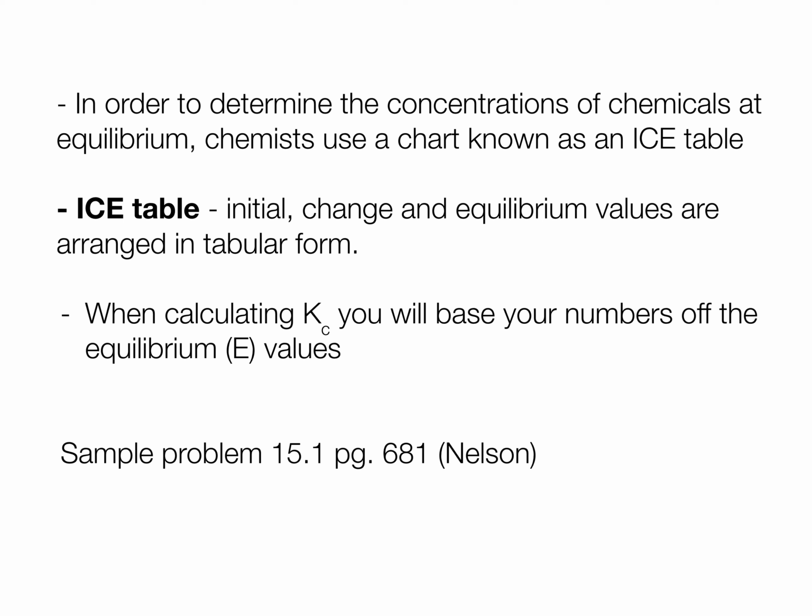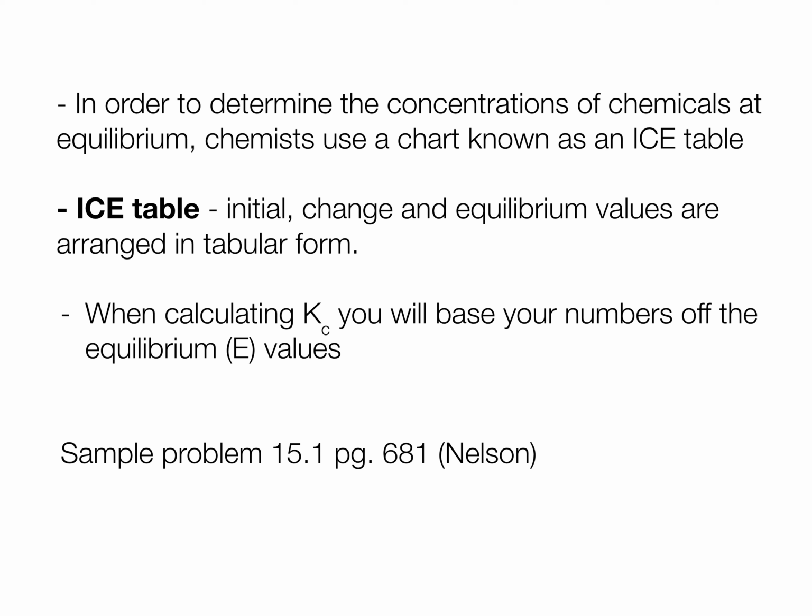We use this to our advantage because it allows us to base our numbers off of the equilibrium values, but we're not always given the equilibrium values. So we can actually calculate what the equilibrium value would be if we're given the initial concentration.